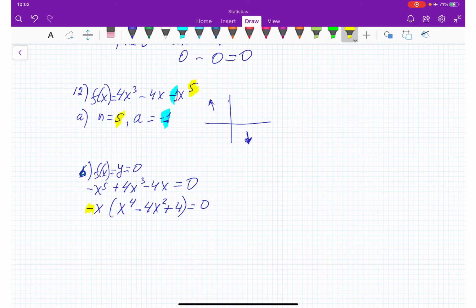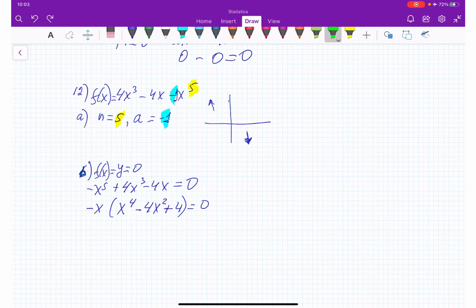Therefore, negative x to the 5th became positive x to the 4th, and then positive x cubed became negative x squared, and negative 4x became plus 4. Because I took the negative sign out, it flipped every single sign in parentheses, okay? Let me take this off not to make it messy.